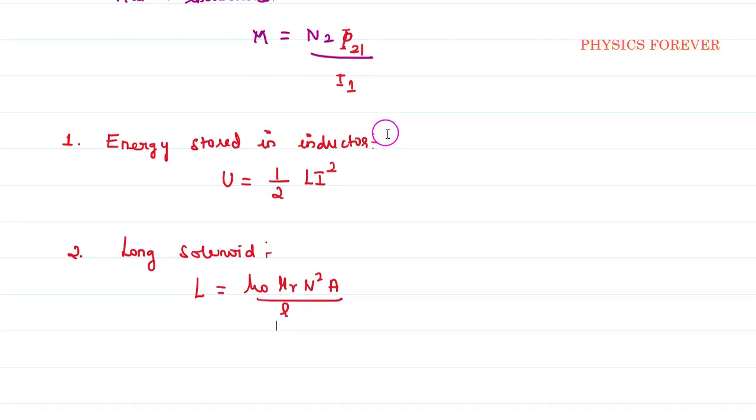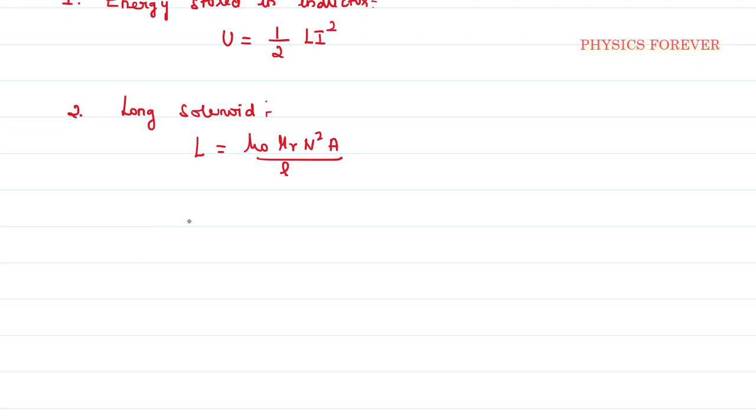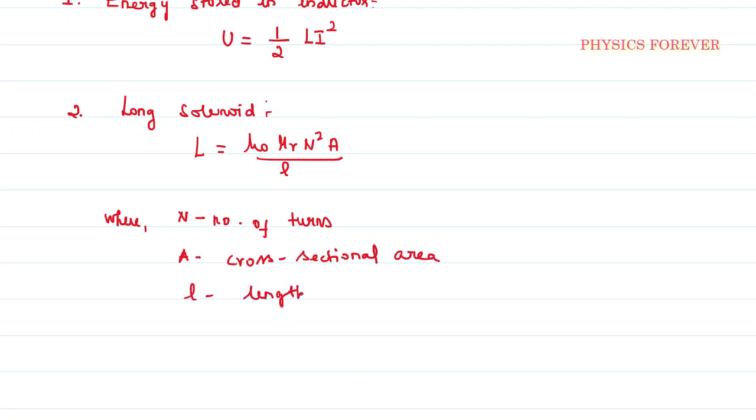Here n is the number of turns, A is the cross sectional area, l is the length, mu naught is the permeability of free space, and mu r is the relative permeability.